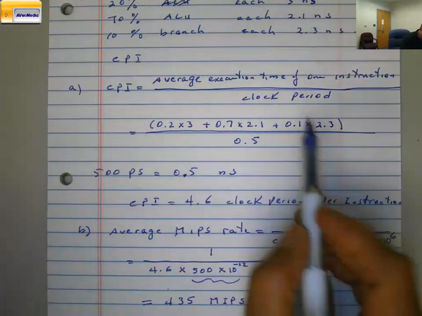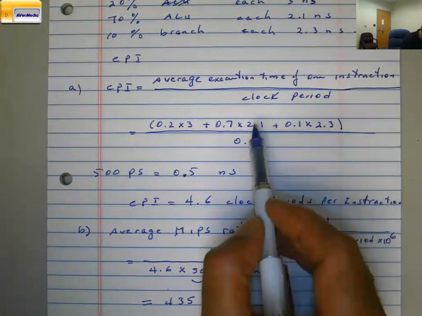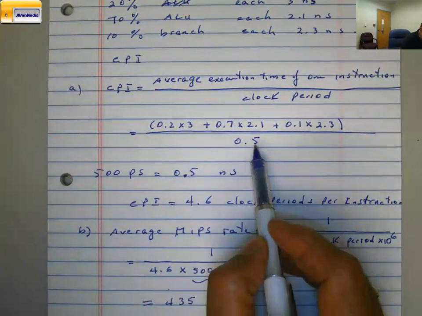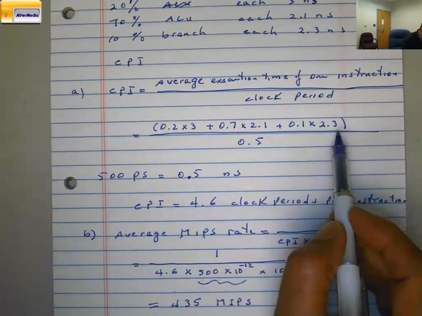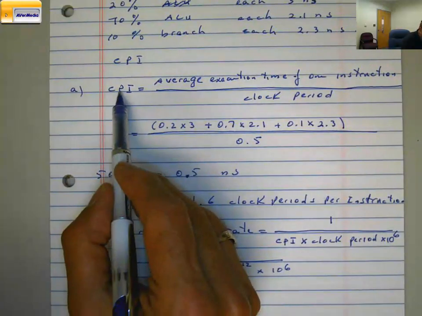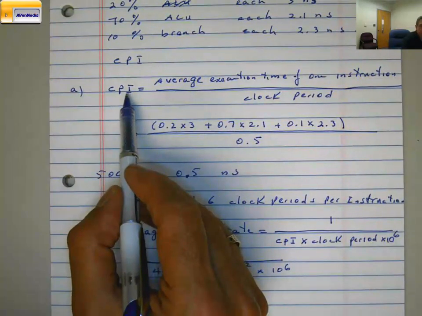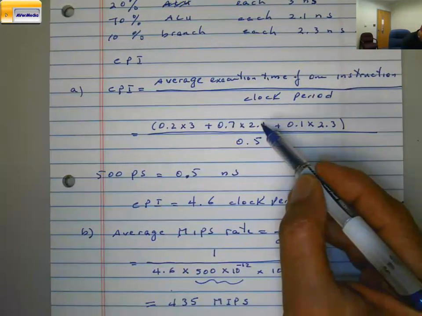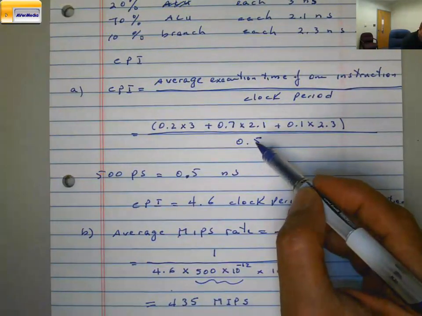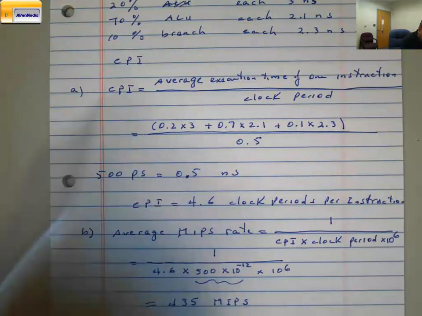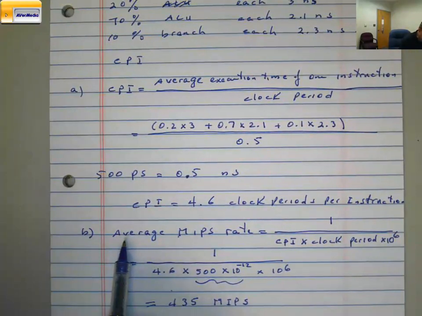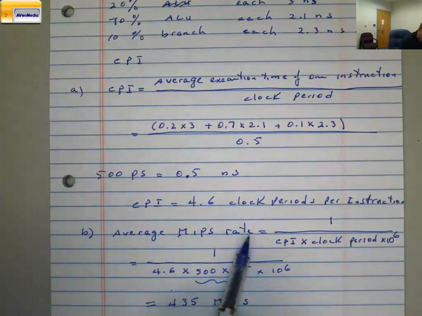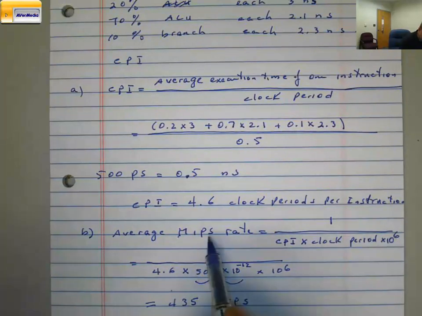Right. In here, I just made sure that the numerator and denominator are in the same units, because in the CPI calculation this is clock period per instruction. However, in calculating the average MIPS rate, you're calculating million instructions per second.